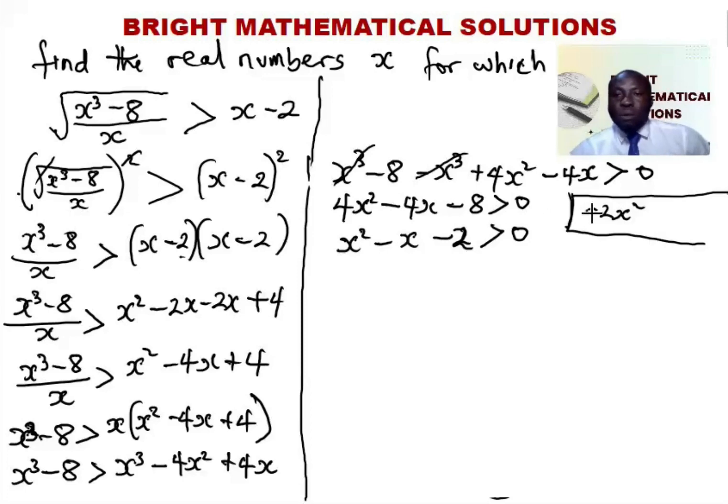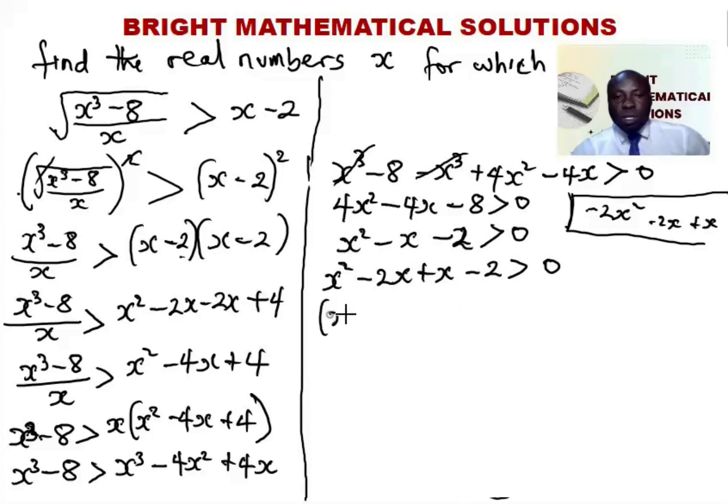Let's look for minus 2x plus x. Minus 2x plus x gives us minus x, and when we multiply them, they give us this. Let us substitute. Therefore, x squared minus 2x plus x minus 2 is greater than 0.